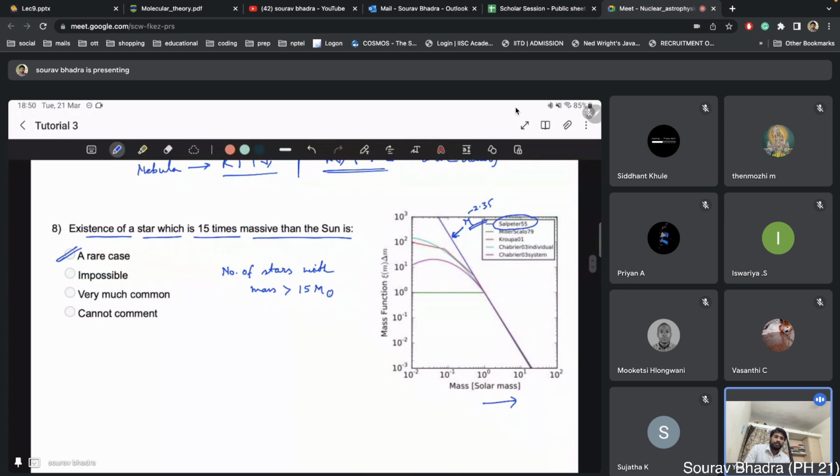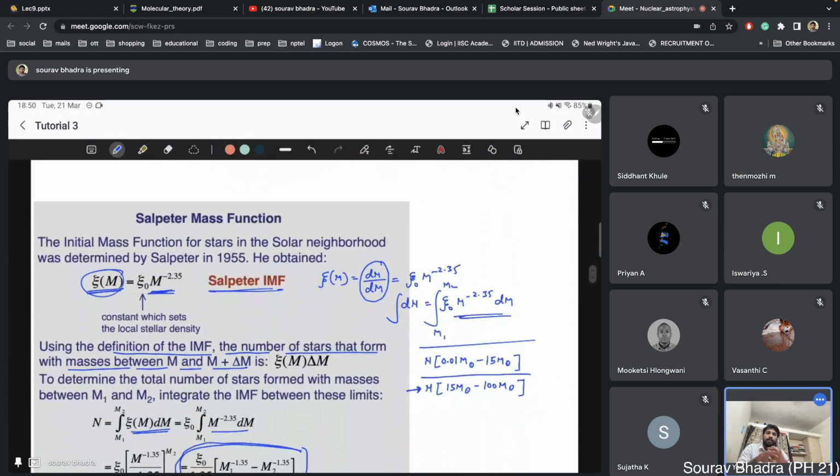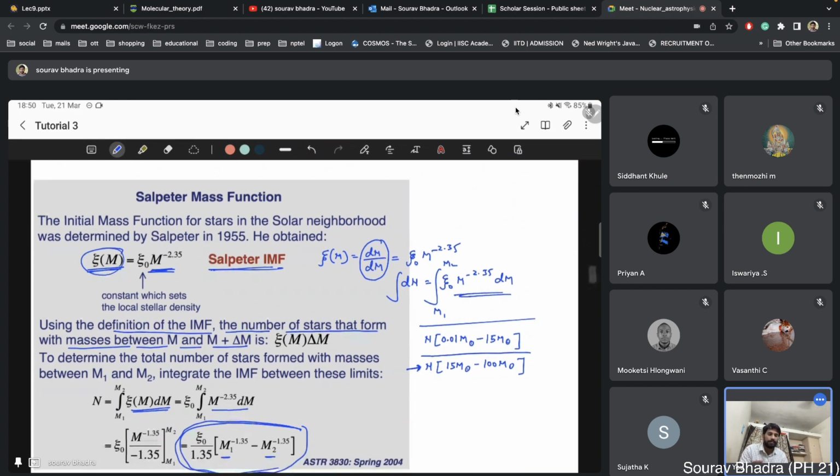The existence of a star which is 15 times more massive than the Sun. So I have divided into two mass ranges. One is from 0.01 to 15 solar mass, I am not taking 0 because a small value is generally taken, and the other is 15 solar mass to 100 solar mass. We will see how this fraction varies.